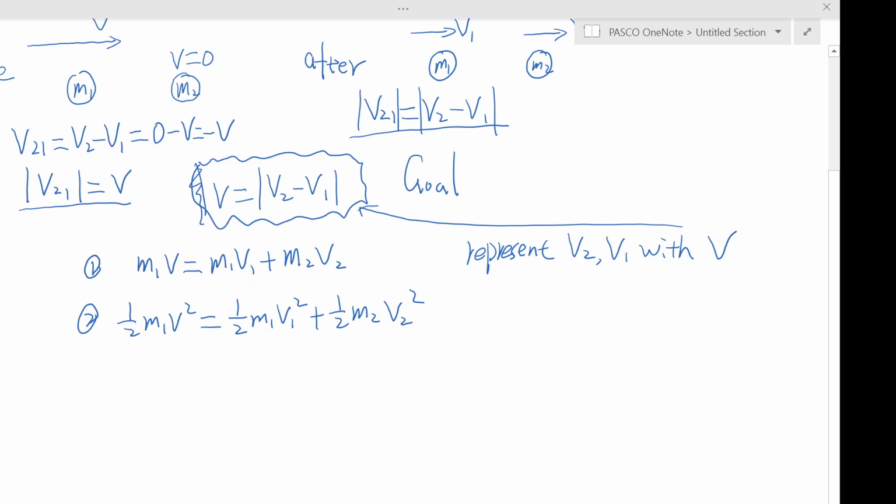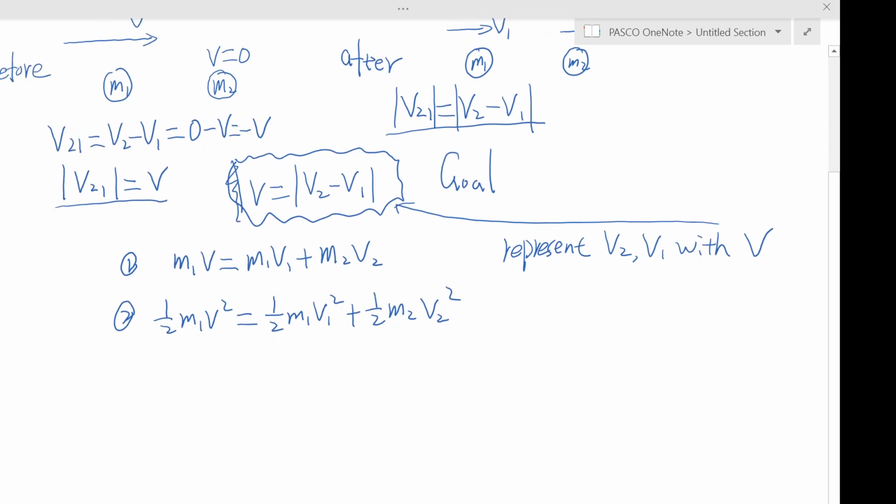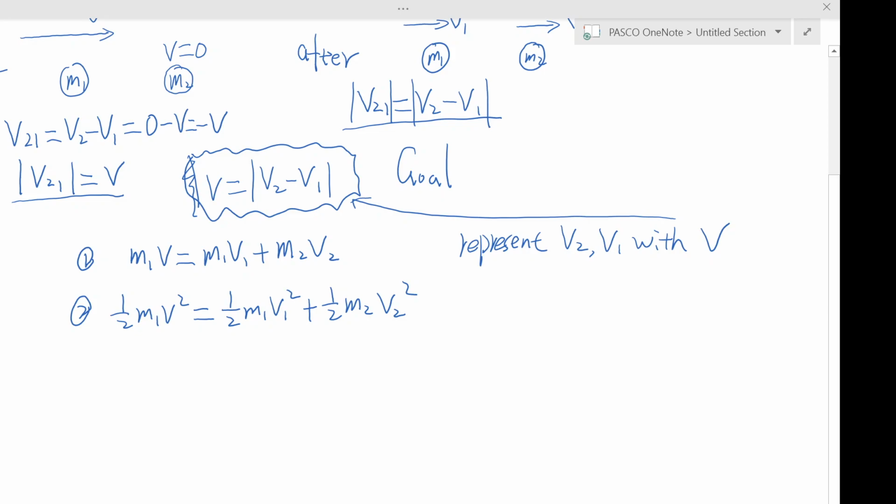Okay? And I can actually do that because if I treat v as a constant as well, I have two equations here, and I have two variables, v1 and v2. Right, two equations, two variables. I can surely solve this system of equations.